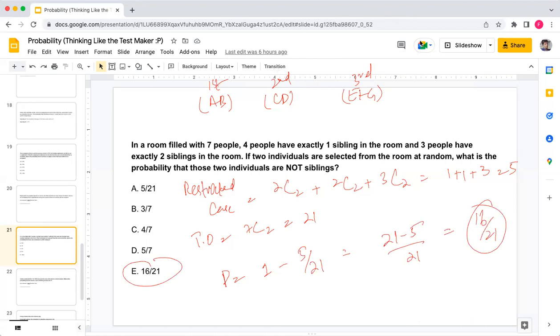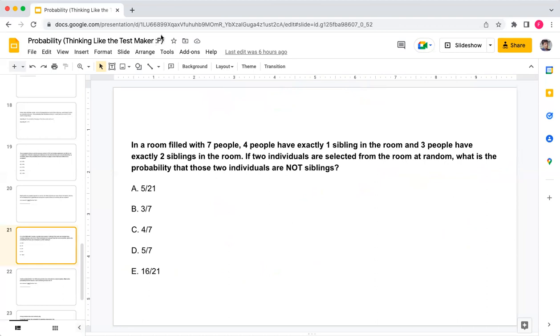And the last one is the probability case. Do you want me to go with the probability case as well, or shall I move forward? You want me to solve this using the probability? Yes.